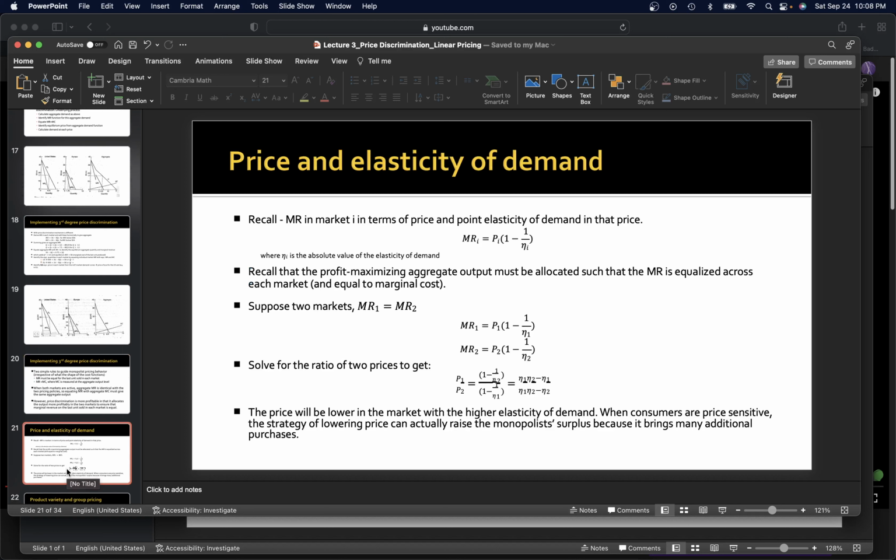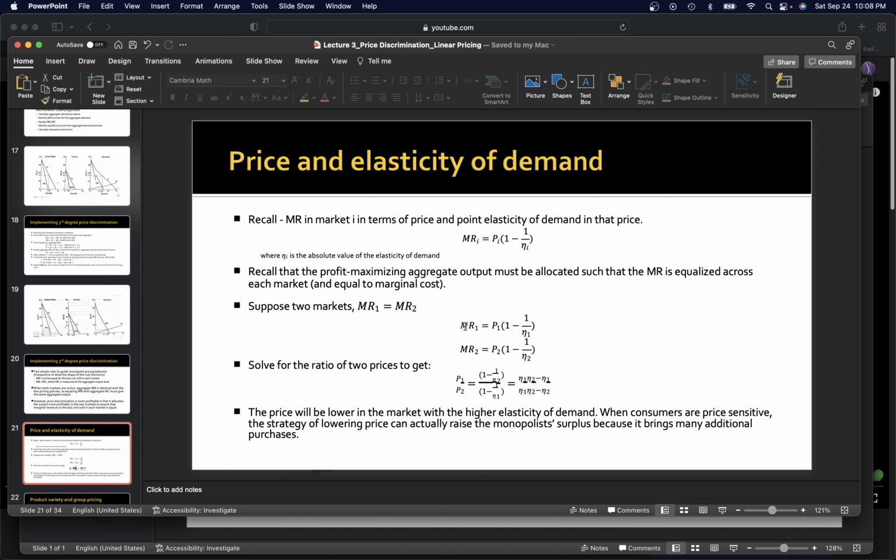Now let's discuss price and elasticity of demand. So marginal revenue in market i in terms of price and point elasticity is the following. So this is very reminiscent of something that we've already learned. Marginal revenue is essentially this thing, okay? And in two markets, remember, this is the key optimality condition between markets. Your marginal revenues must be equal and should be equal to the marginal cost of serving the entire or the aggregate market.